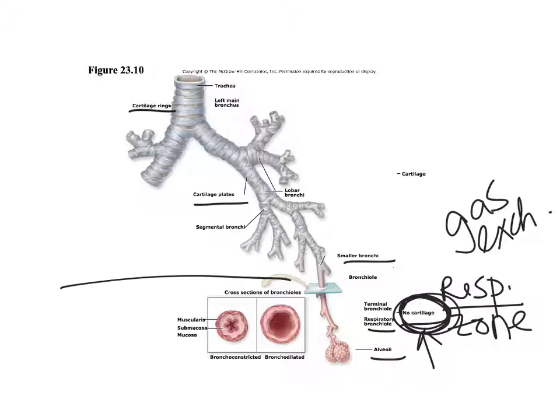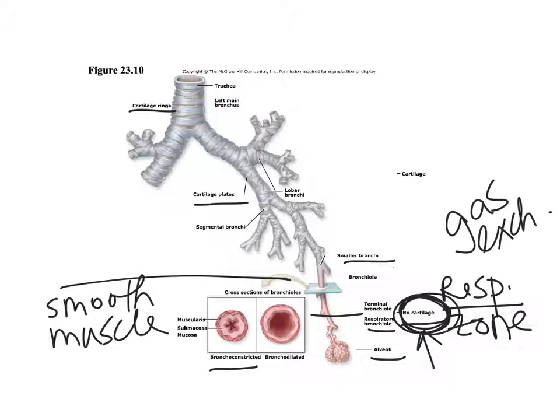These small ones have smooth muscle, so we can change the size. We can have constriction and dilation.